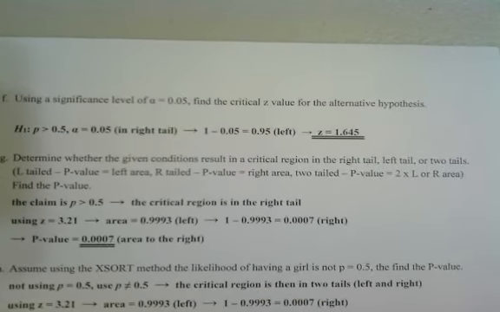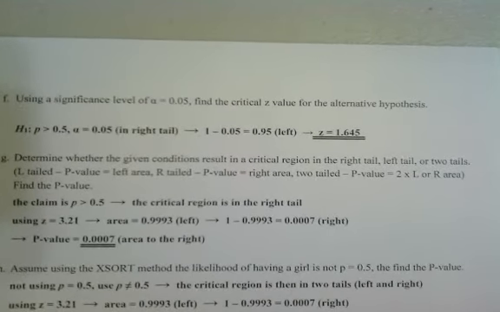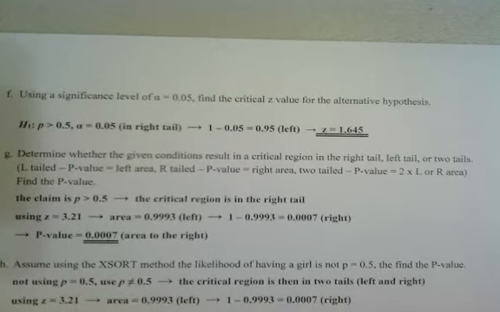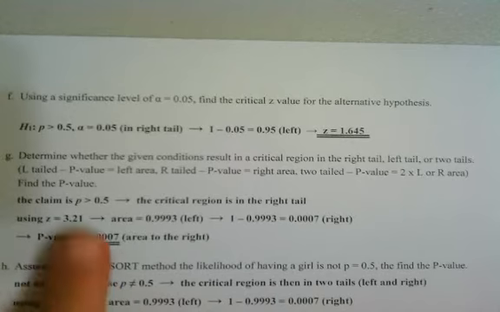Okay, next, assume using the XOR method the likelihood of having a girl is not equal to 0.5. Find the p-value. Okay, so if we're not saying p equals 0.5, but we want to use p does not equal 0.5, that would make the critical region in 2 tails instead of 1. Again, anytime you have not equal to for your claim, then it's 2 tails.